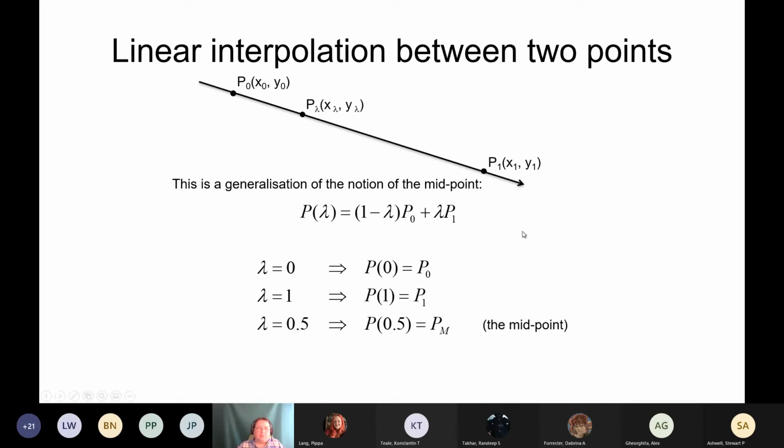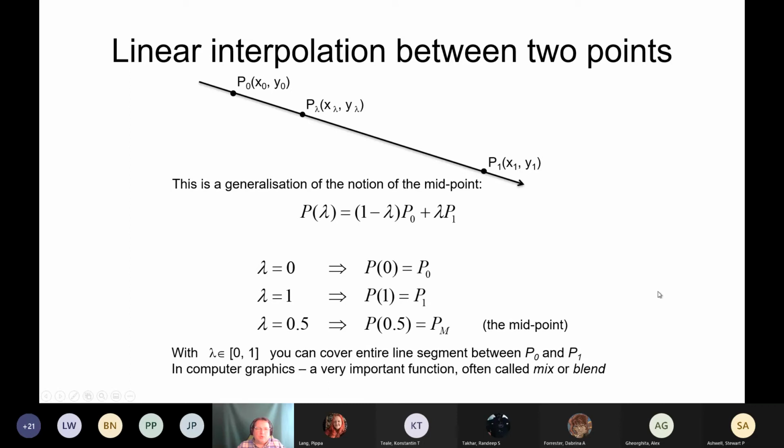Lambda is a Greek letter, by the way. With values between 0 and 1, we can cover the entire segment from P0 to P1, everything in it. And in computer graphics, this is a very important function called mix or blend. Okay? Mix or blend. First of all, it can be used to draw a segment of line. To draw a segment of line, you take the two ends of this segment and find all the blended values in between.